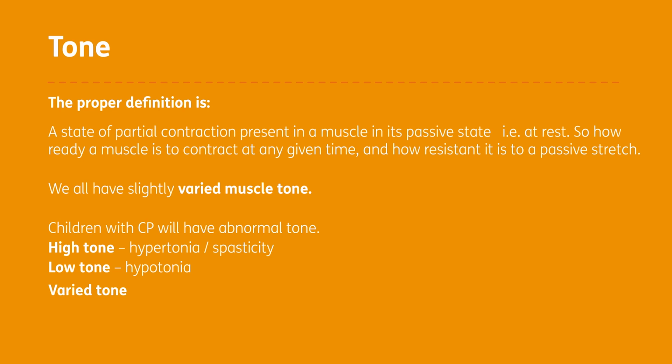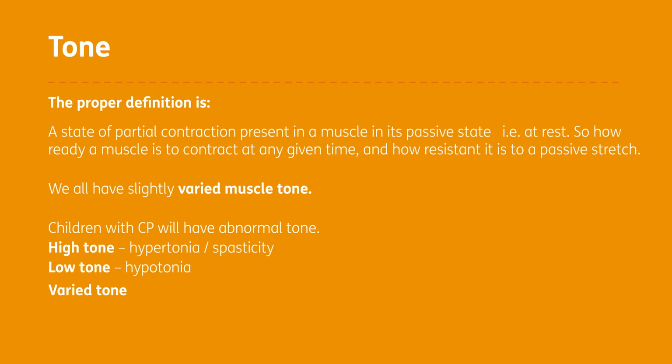So high tone, or spasticity, is what it's generally called in medical circles, also called hypertonia, so hyper being high. And low tone is hypotonia. But if a child only has hypotonia, generally speaking, it is not cerebral palsy that is causing this, because there has to be an element of high tone as well.